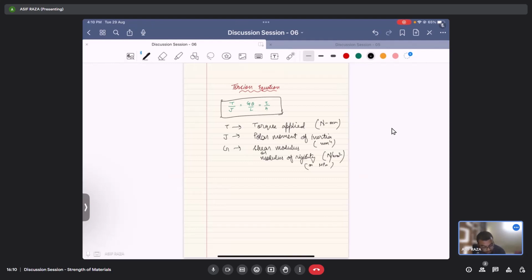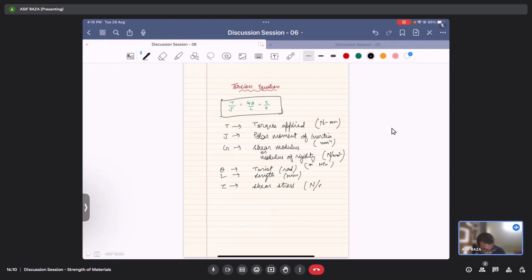Then theta is the twist, better to keep it in radian. Then L is the length, unit millimeter, and tau is the shear stress, its unit Newton per mm square or megapascal.